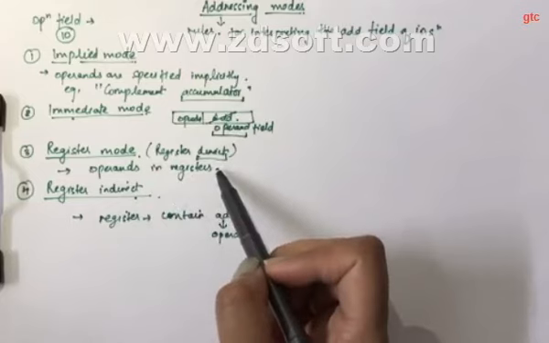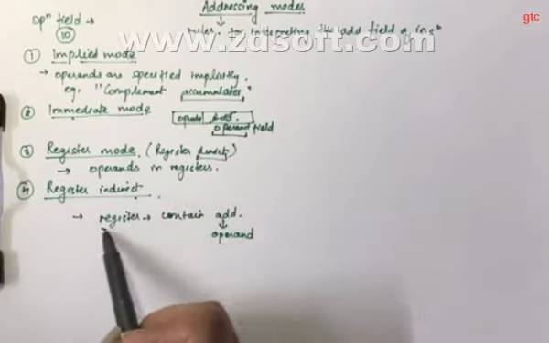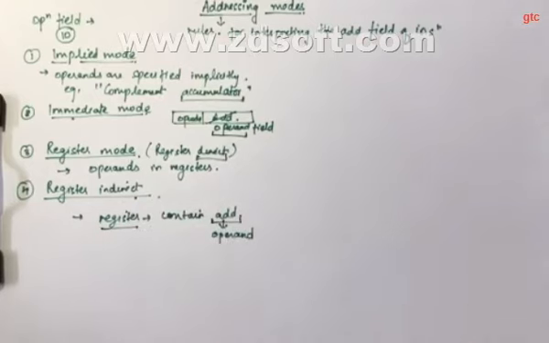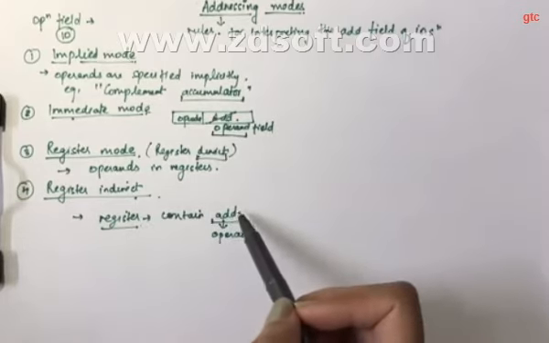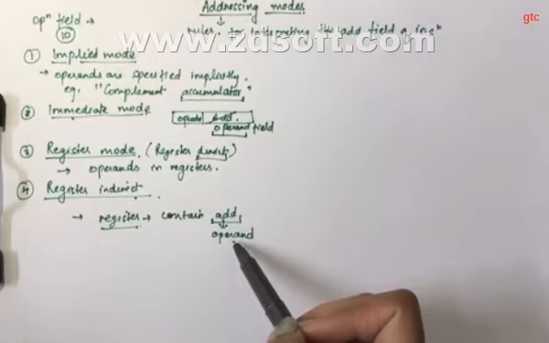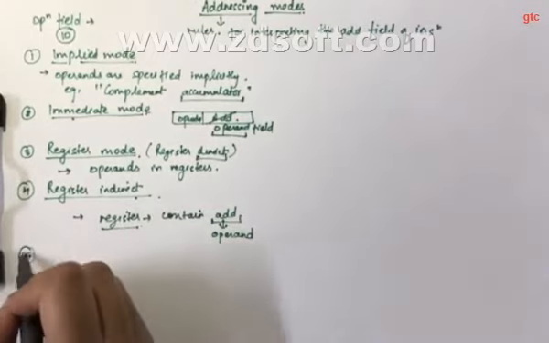The register in the direct mode will contain the operand itself, whereas in the indirect mode, that register is going to contain an address which can also be referred to as effective address. I hope you remember what is effective address. Effective address is that address which contains the operand. So here the register will contain the address, and that address will refer to the operand. Hence it is known as register indirect mode.